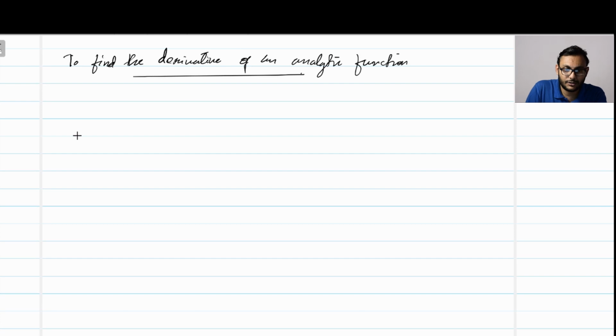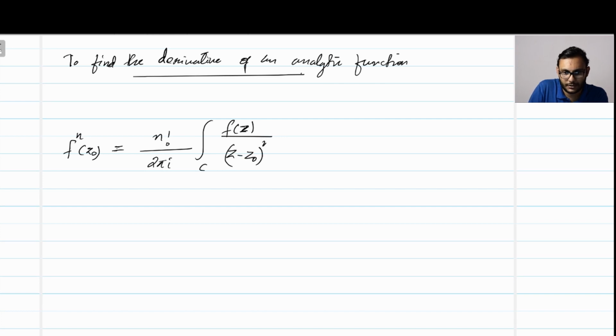So for an nth order derivative, say f n of z0, it is equal to n factorial divided by 2 pi I into integral over C f of z by z minus z0 the whole raised to n plus 1 dz.